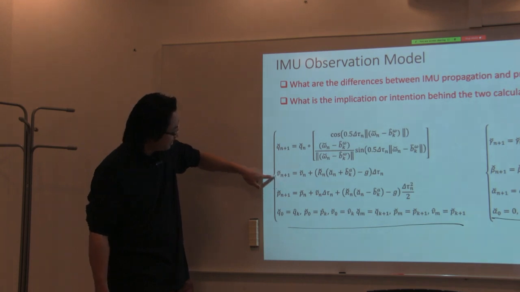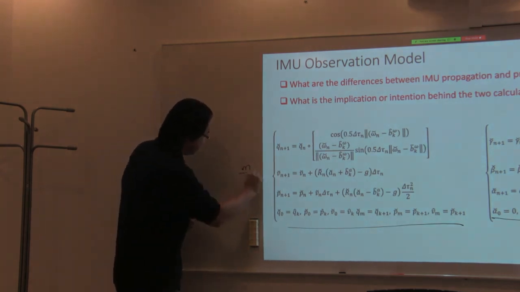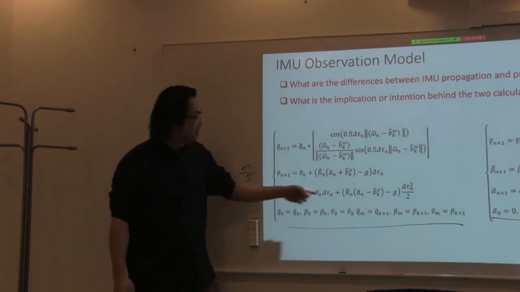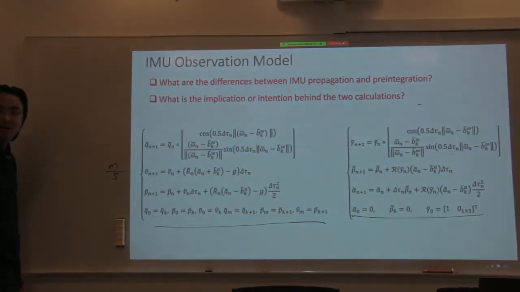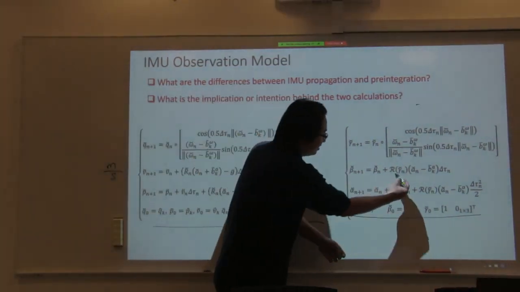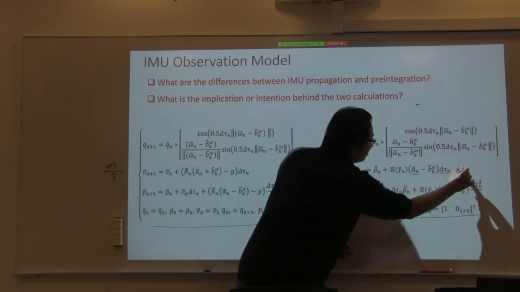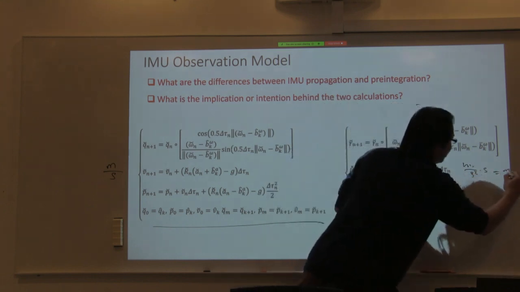To make it easier, you can say this one is the velocity, so it's meter per second. What is this one? Acceleration. This one is time. So meter per second squared times second, so it's also meter per second.